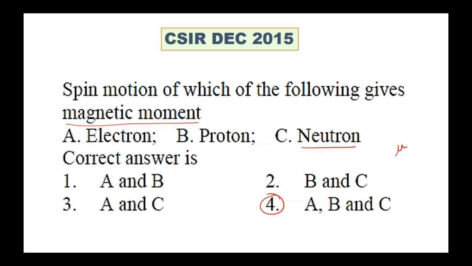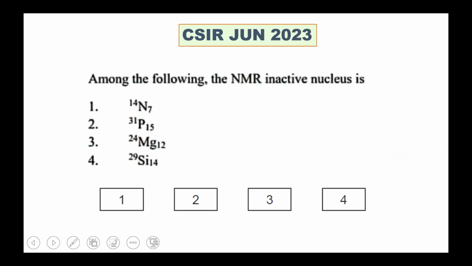But neutrons are made up of three quarks, and the quarks have magnetic moments. Those magnetic moments sum up to give the neutron its specific magnetic moment. So, in general, electron, proton, and neutron, all three have a magnetic moment. So the answer is option 4, A, B, and C.